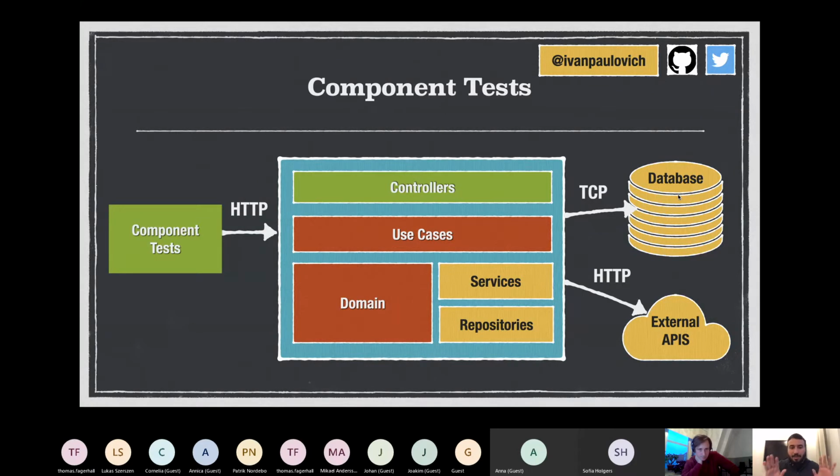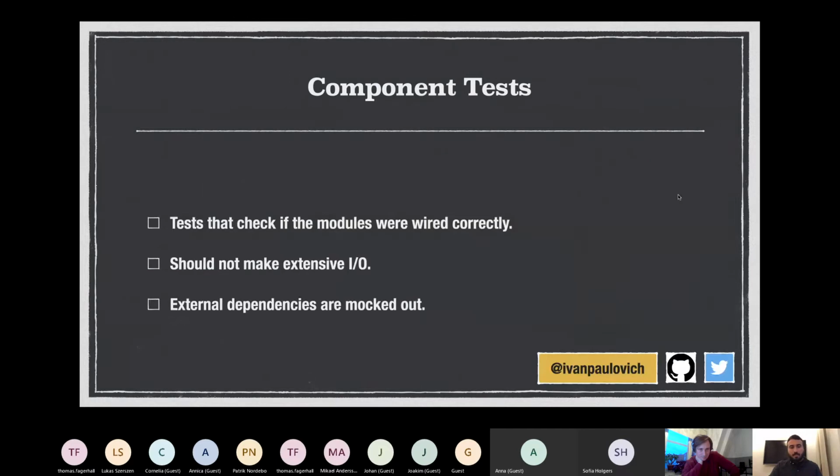I think I should have faded those elements, but the component test is only the internal part. And the answer that you're looking for is to see if the models that are part of the component are wired up correctly.